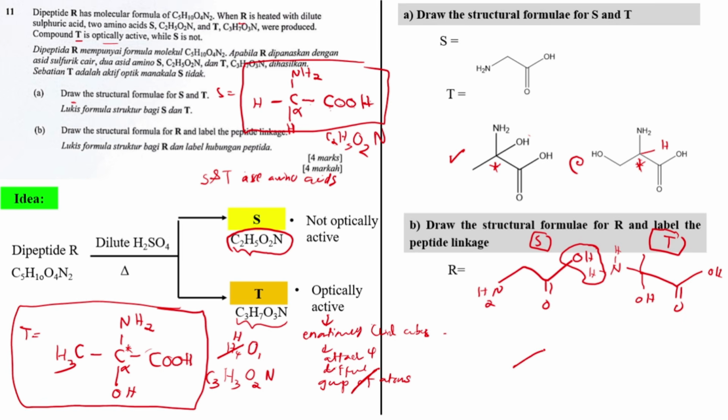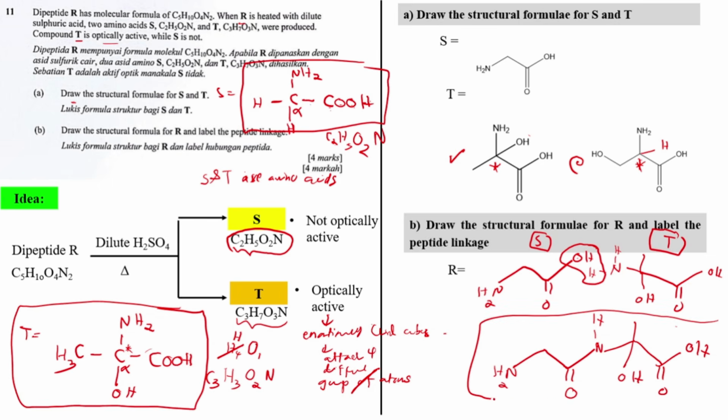When I do that, I'm going to get the structure of double bond O and H2, and because OH and H are removed, this will be attached to N directly, H, and then I'm going to get the structure to be like this, 1 and 2, and then like this, then OH here. So this is going to be my structure for R.